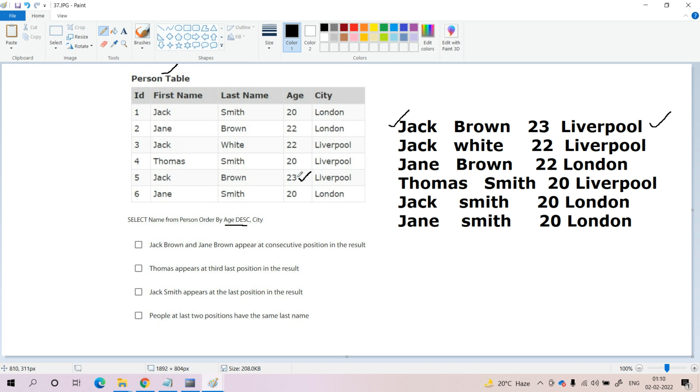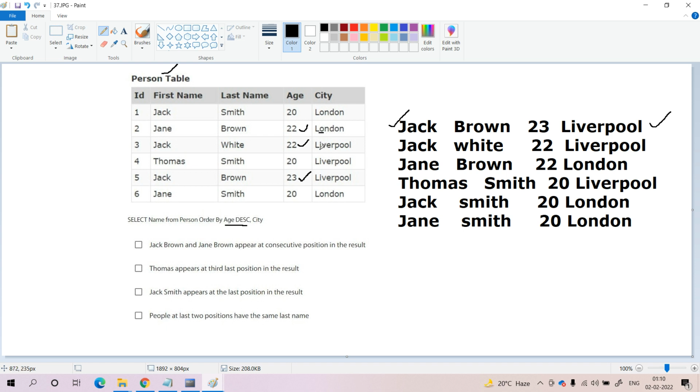And coming to the second record, the next age is 22. But here, with respect to the 22, we need to consider the city chronological order. In the city, the first letter is L and the second letters are both matching, so we need to check the next letters.